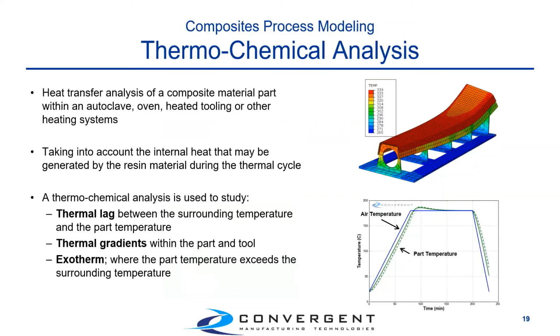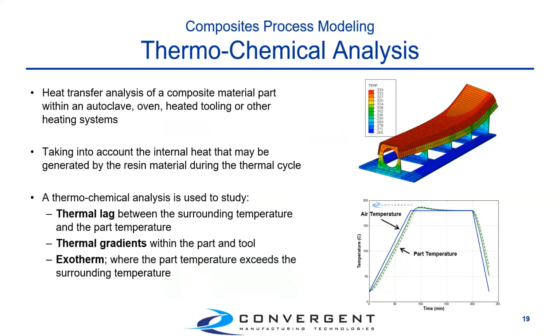All of those details you can incorporate and set the problem up in full 3D in the ABAQUS or ANSYS environment. And the outcome will be the thermal lag. So, looking at the temperature lag of every point on the part with respect to the air temperature or the prescribed cure cycle. You can look at thermal gradients between both part and the tool, and thermal gradients are one of the drivers for residual stresses.